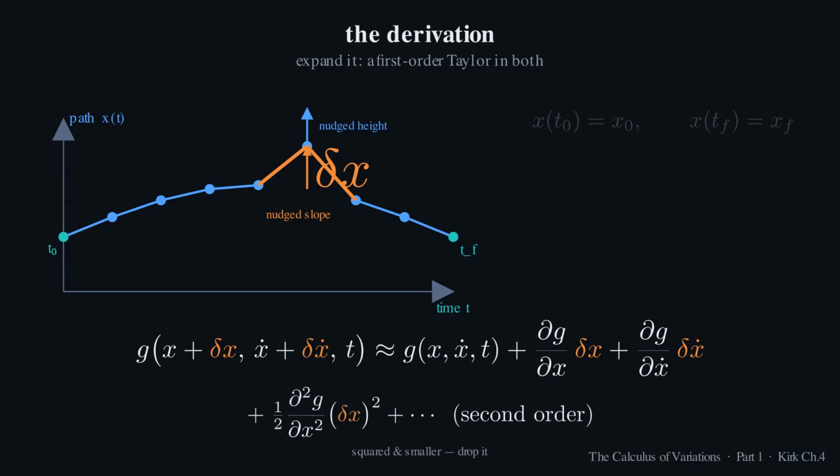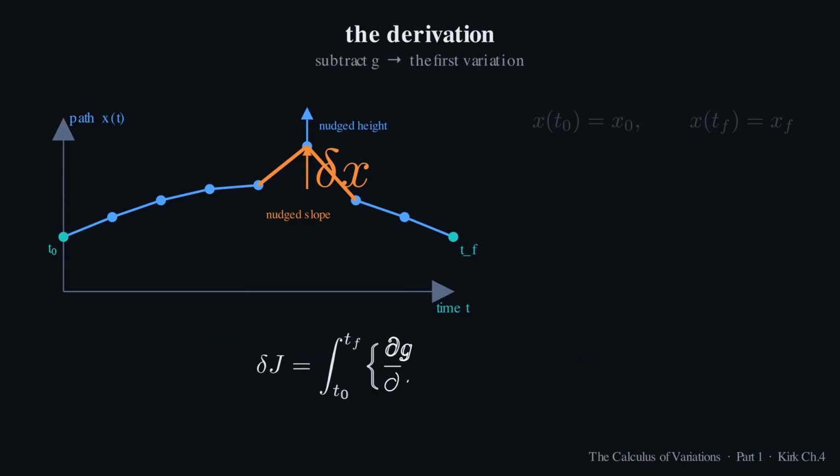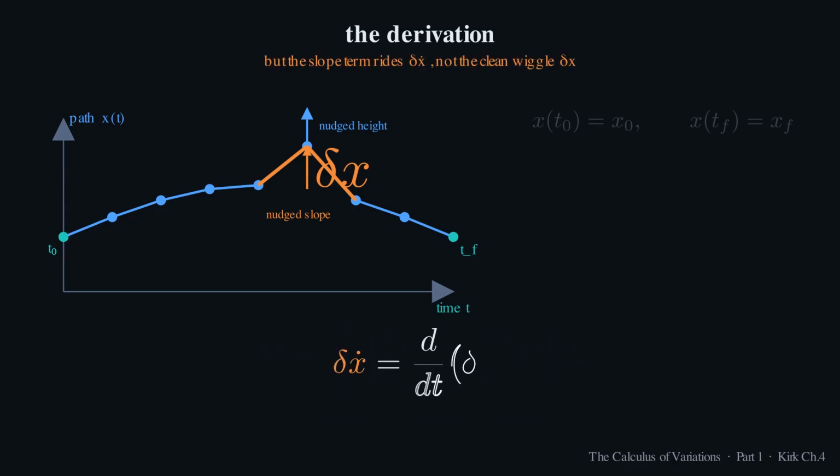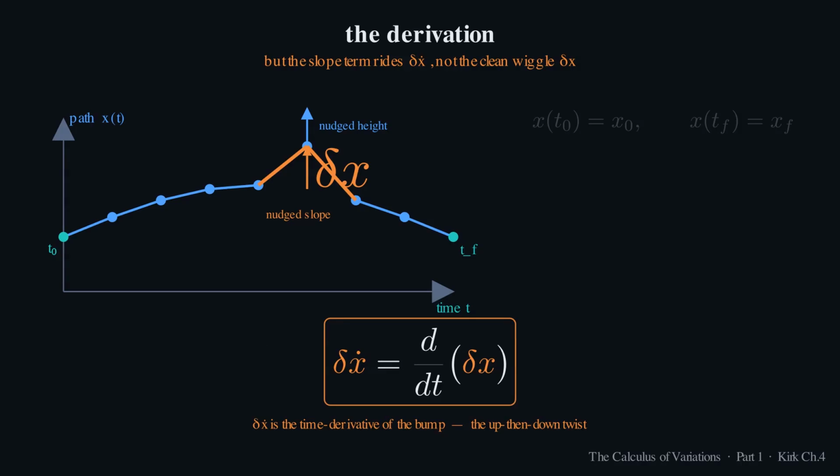But we already saw that for a tiny wiggle, the squared part is vanishingly small. Drop it. Subtract the original g, and the increment collapses to the first variation, the integral of partial g by partial x times delta x, plus partial g by partial x dot times delta x dot. Two clean terms, one for height, one for slope.